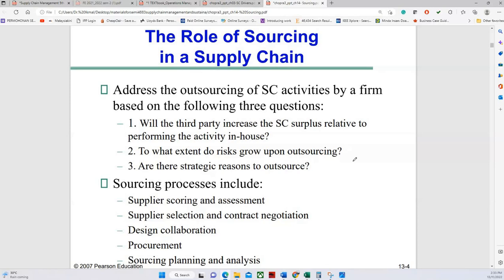Number two, to what extent do risks grow with outsourcing? There are a lot of risks that you need to consider, and we are going to learn that later. And number three, is there a strategic reason to outsource?